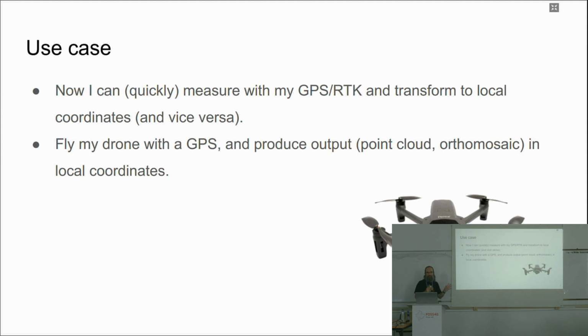You usually need a professional to do that. Or I can fly my drone, which nowadays has an embedded GPS, and produce the output of that. It can be a point cloud, it can be an orthomosaic, already in your local coordinates. And you can directly include that point cloud, that orthomosaic, into your project.